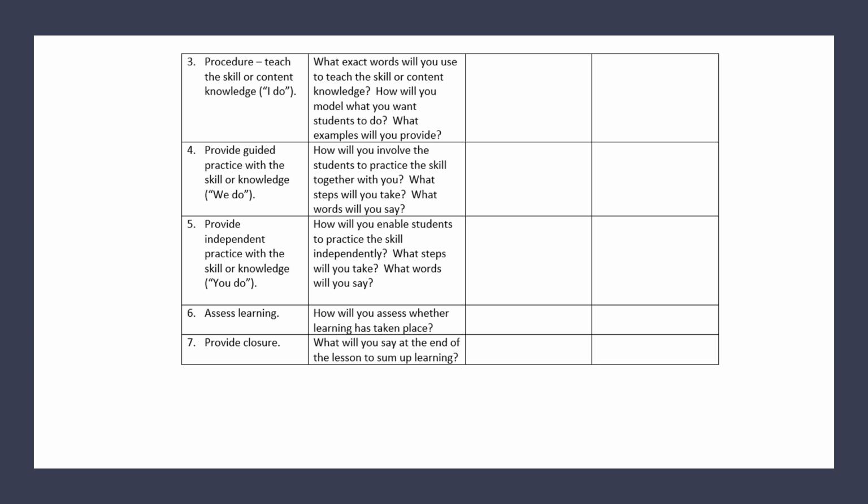I might just summarize learning. If I'm clever, I might provide a link to tomorrow's lesson. Tomorrow, we're going to learn what kinds of creatures live in seashells. Might be another piece of the closure. So again, closure summarizes learning and maybe gives the students a sneak preview of what's coming.